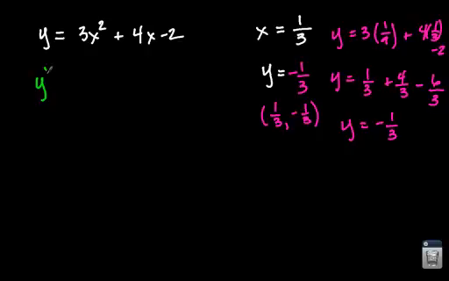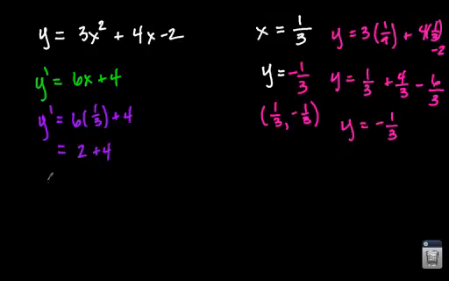So y prime equals 6x plus 4, and now I'm going to find the derivative at x equals 1/3. Everywhere I see x, I'm plugging in 1/3. So that gives me 6 times 1/3 is 2, plus 4. So y prime, my derivative, is equal to 6.